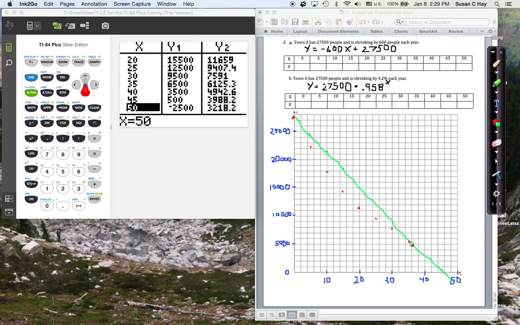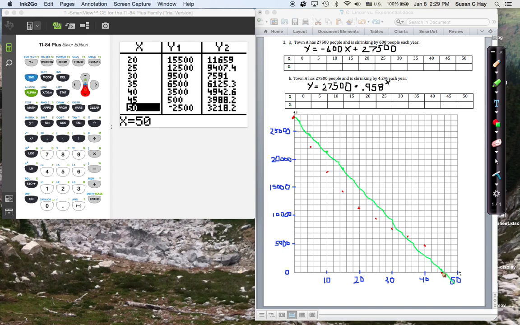Oops, now it's above the line, so it's right about there. At 40 years, it's 4,942. So this is 5,000, and it's right about there, really close to 5,000.